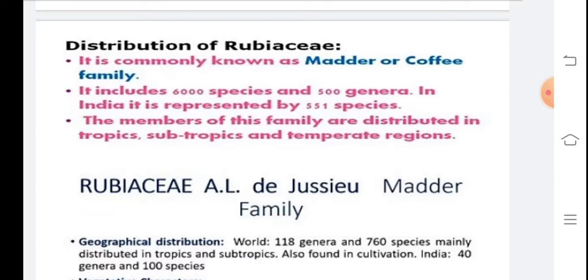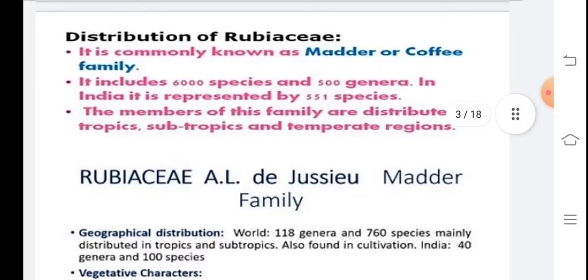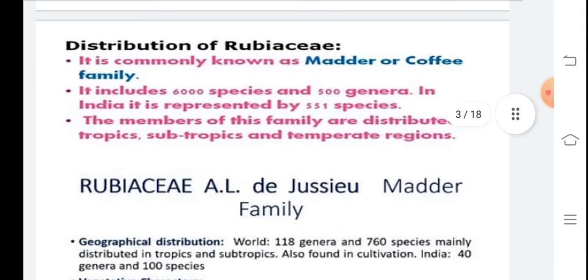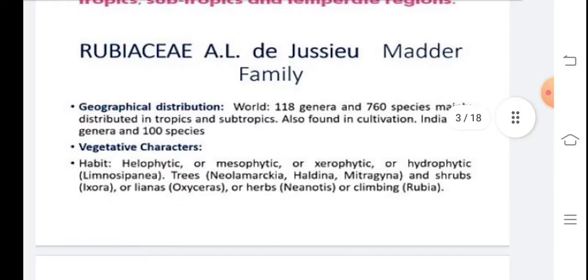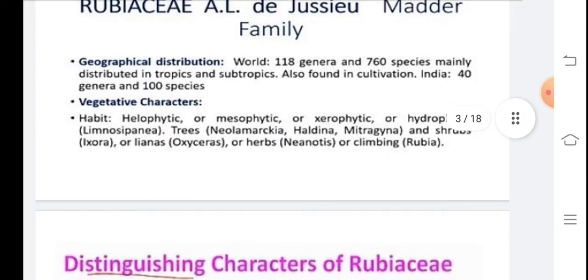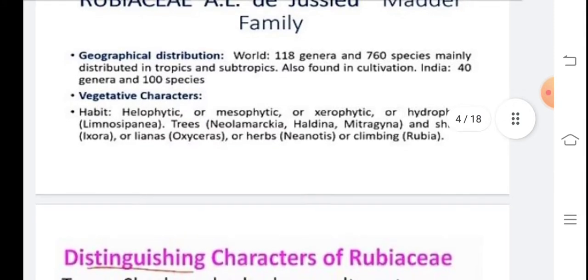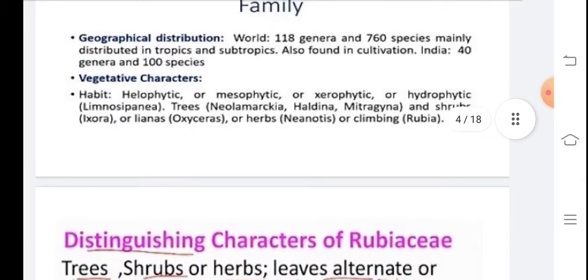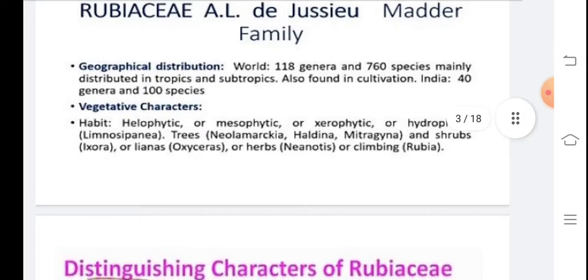It is distributed in all climatic conditions, mainly tropics, subtropics, and the temperate, depending on the summer and the winter period along with the rainy season. There is one authority, L. D. Jussieu Mather. They have firstly given the distribution of this family as in world 118 genera and 760 species. So they are seen commonly. In India, according to them, 40 genera and 100 species are there.